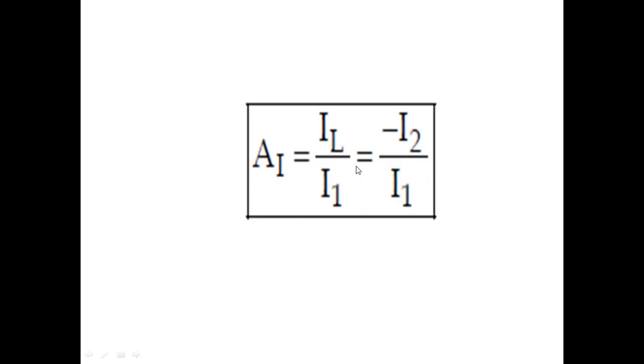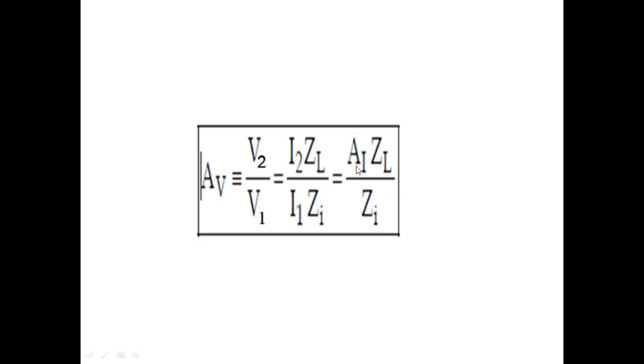The ratio of output current to the input current is defined as current gain. So current gain into ZL by ZI. This is the voltage gain definition.